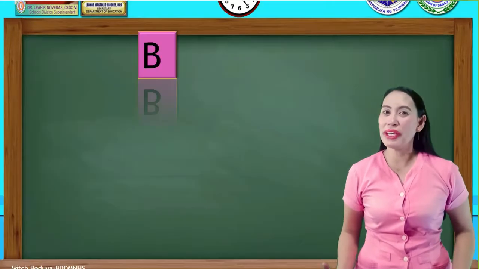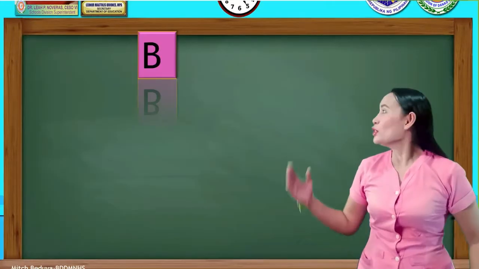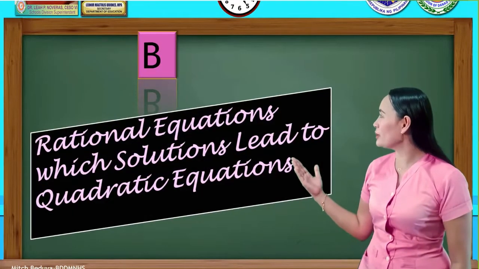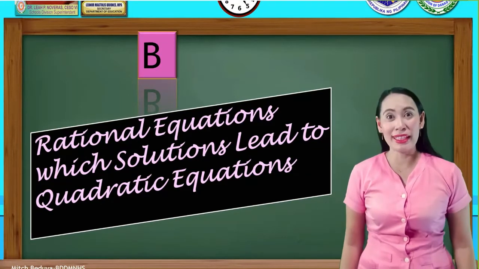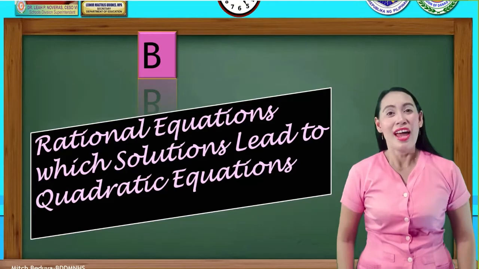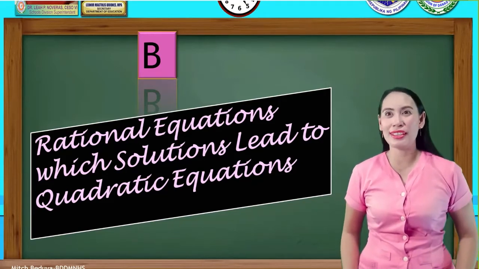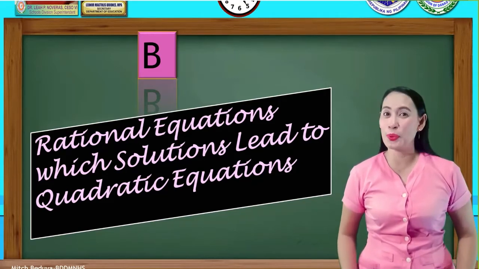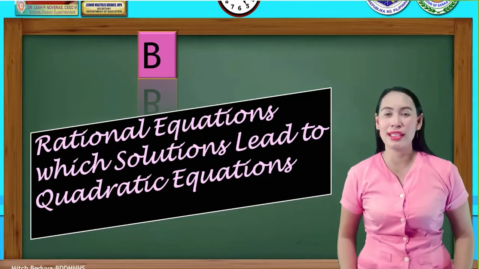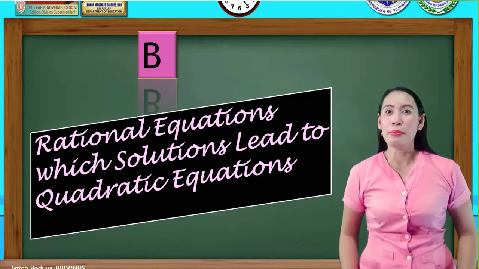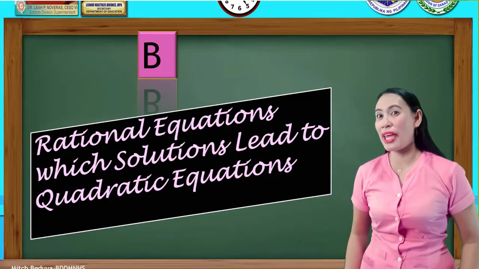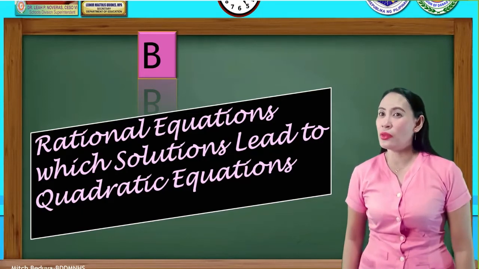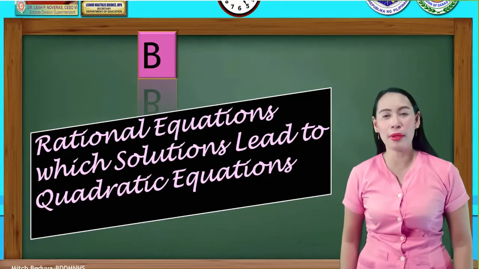The second part of the lesson is solving rational equations whose solutions lead to quadratic equations. There are other equations that are transformable into quadratic equations. These equations may be given in the form of rational algebraic equations that are not written in standard form.